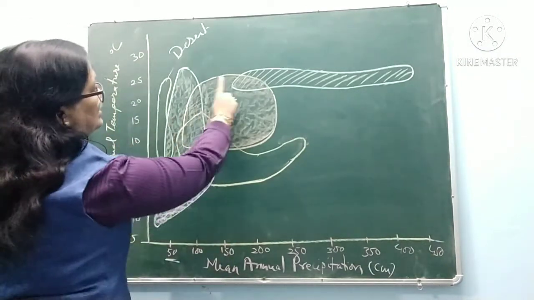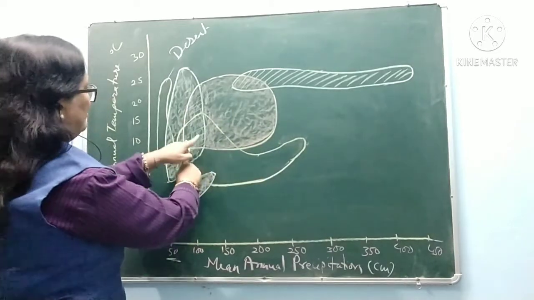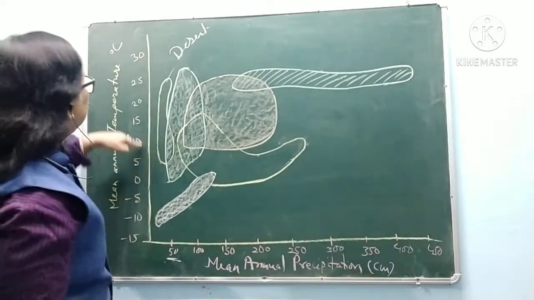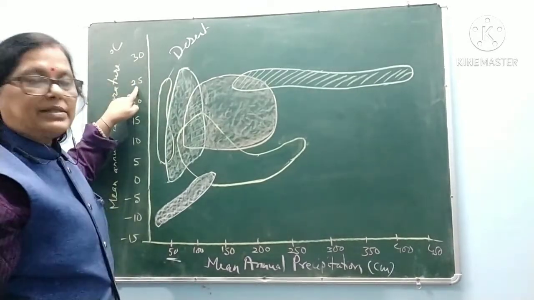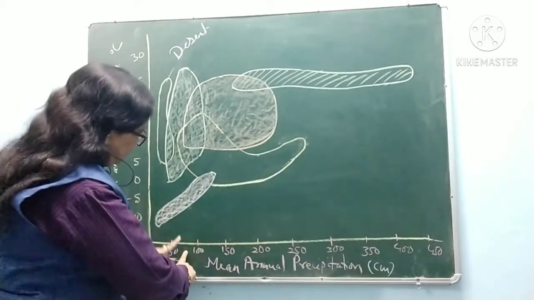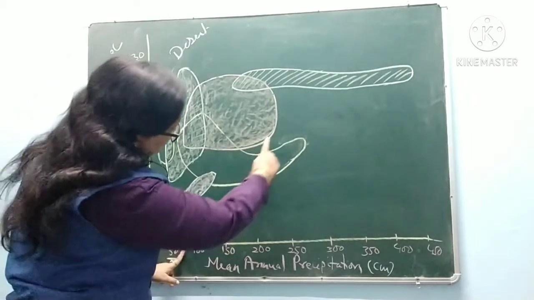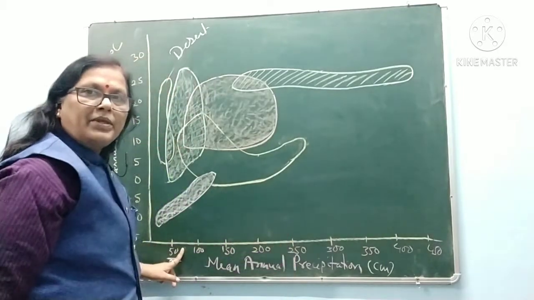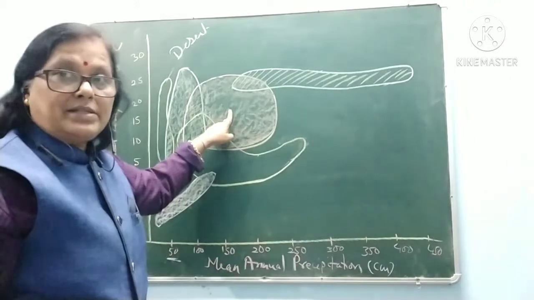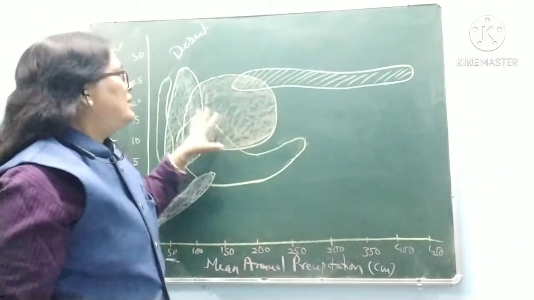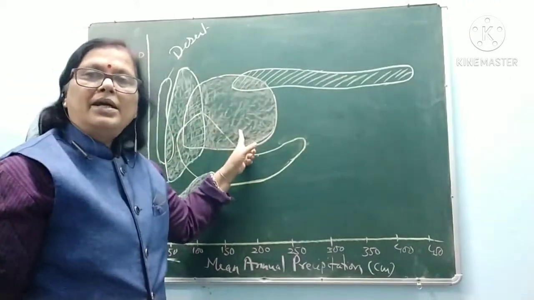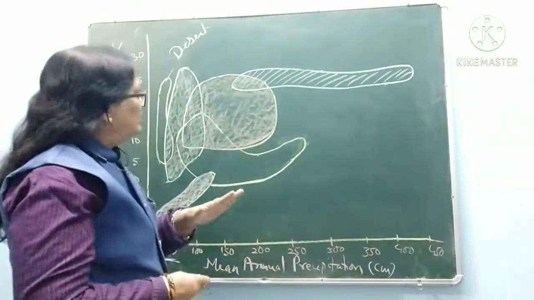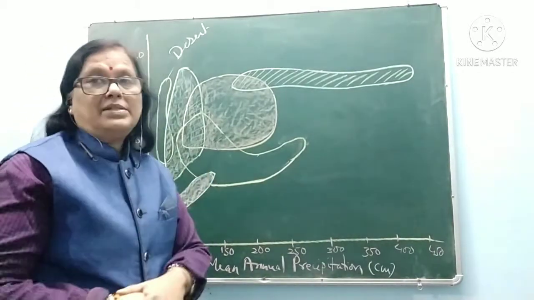Now, this is the another biome which starts or ranges from 10 degrees Celsius to 25 degrees Celsius, and the precipitation ranges from 60 centimeter up to 250 centimeter. And this is temperate forest. The temperate forest is having seasonal variation, and it is having very big grazers present there.